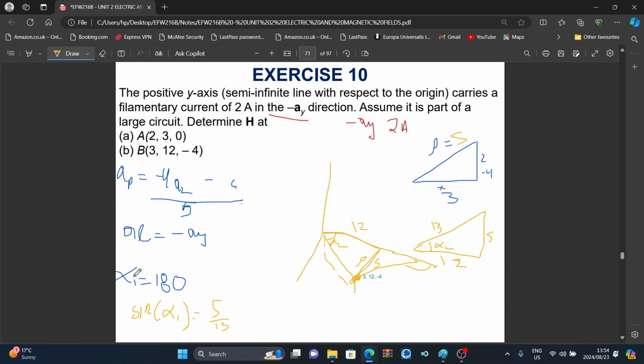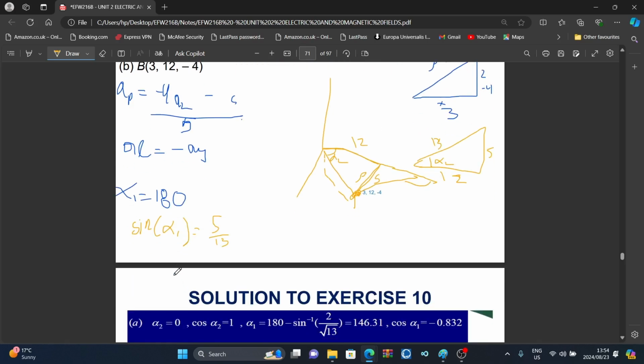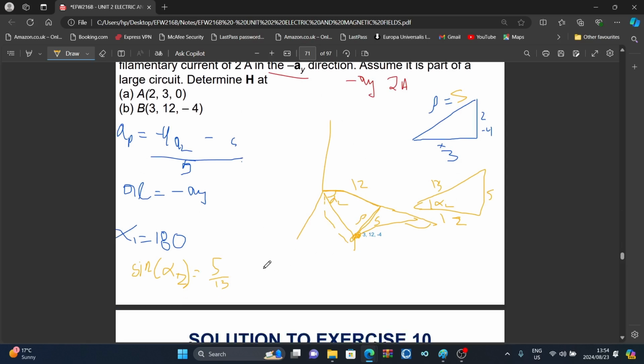If you can find your alpha 1, no, that's alpha 2, I mean, so this one is alpha 2, just remember that. Then to find also the direction of the whole system, you just get the cross product between these two.